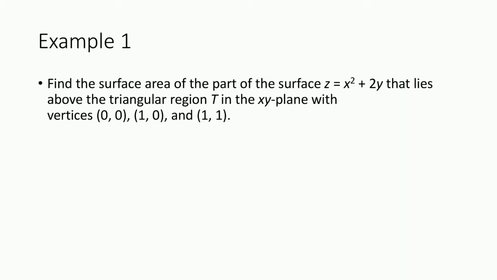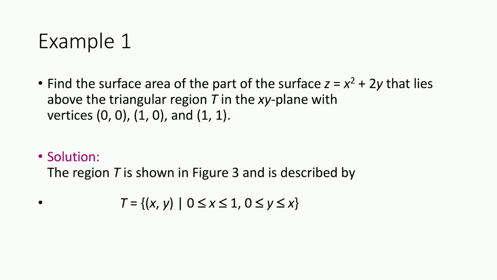I'd like to find, let's see, we'll just do two examples. So I have this surface, and I am going to see what the area of that surface is above a triangular region in the plane. Here's a picture, if it helps you.